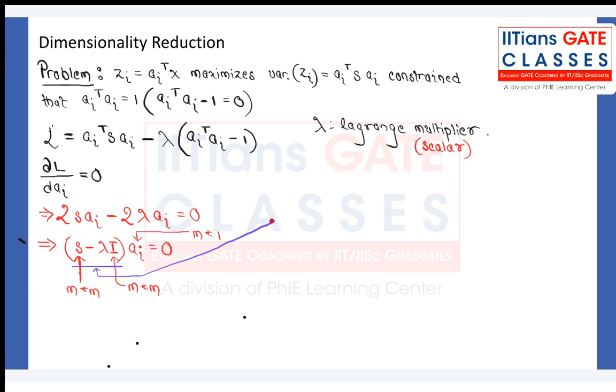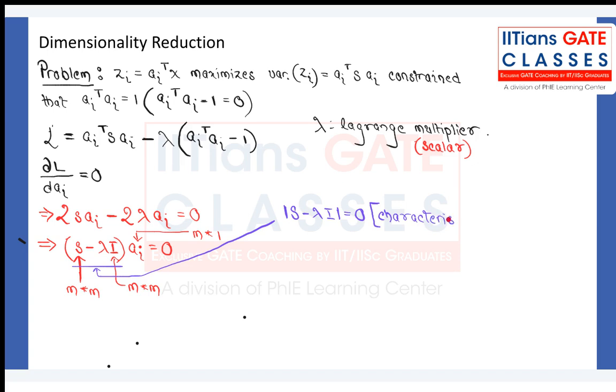So to calculate this, you take the determinant of S minus lambda I and equate it to 0. This is called the characteristic equation. How many roots does it have?